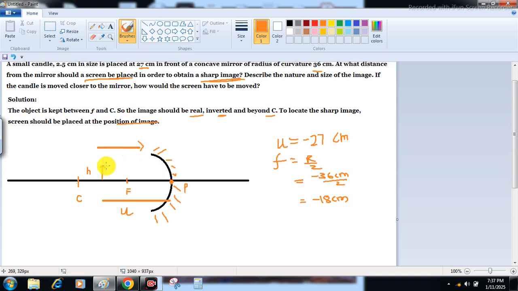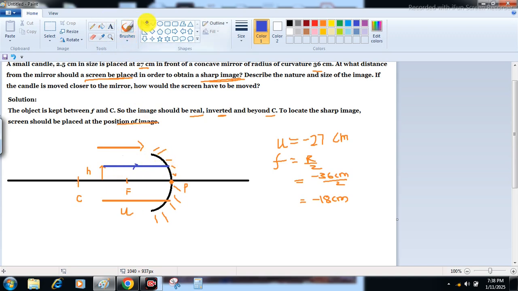So first we try to draw a ray diagram. Use two principal rays. One is parallel to the principal axis. This ray is coming from the tip of the object.